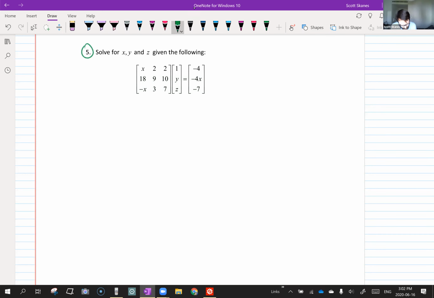So it says solve x, y, and z given the following. First of all, this is a matrix multiplication. What it's doing here is we're multiplying a 3 by 3 by a 3 by 1, which is giving us a 3 by 1.